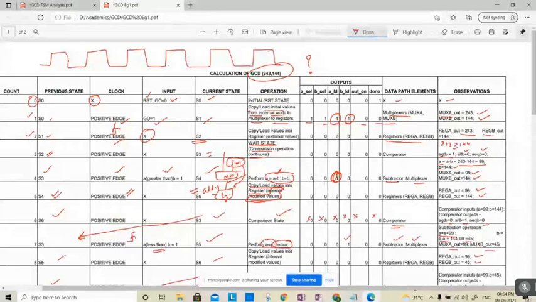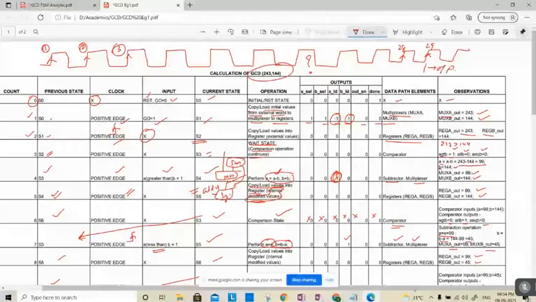This is the first clock cycle, this is the second clock cycle, this is the third clock cycle, and this is the 29th clock cycle, this is the 28th clock cycle. After the 29th clock cycle the output came, and here you have given the inputs.